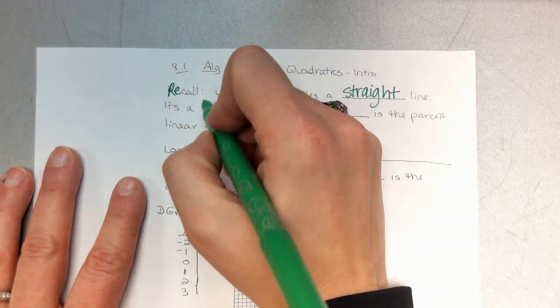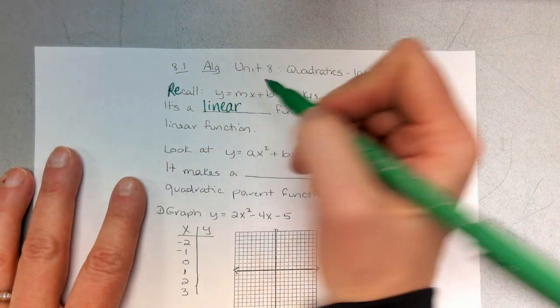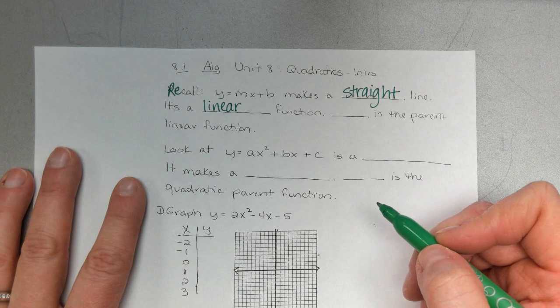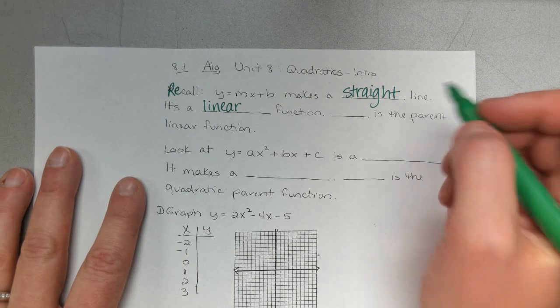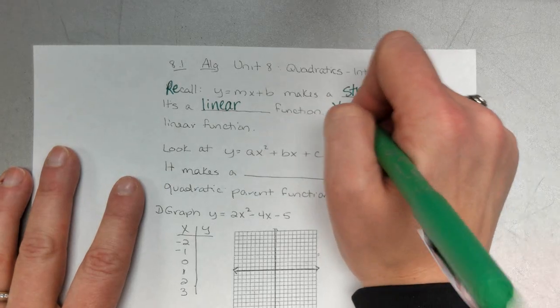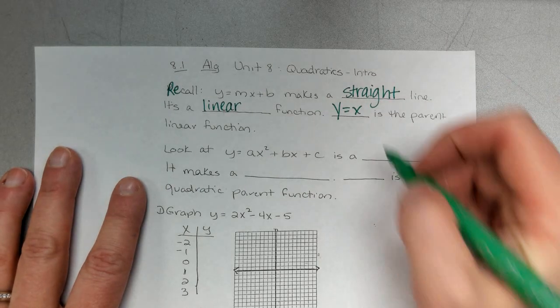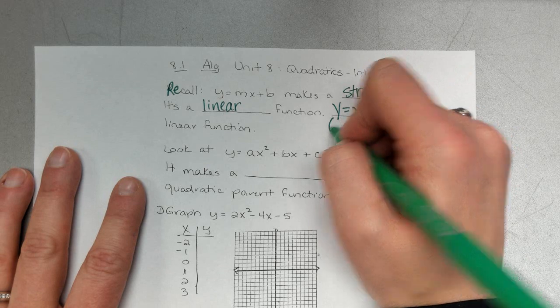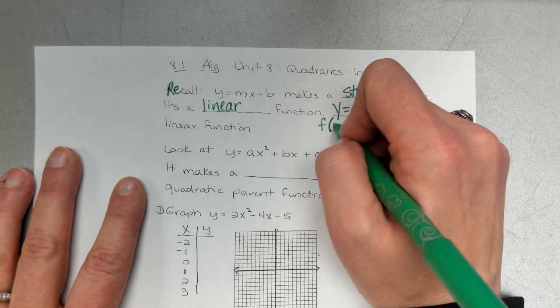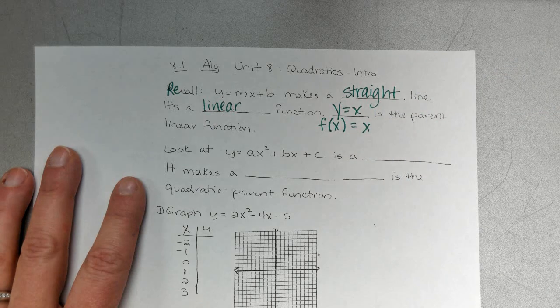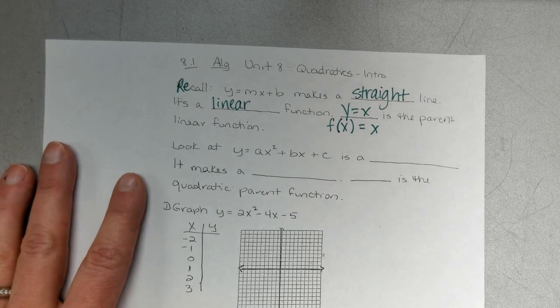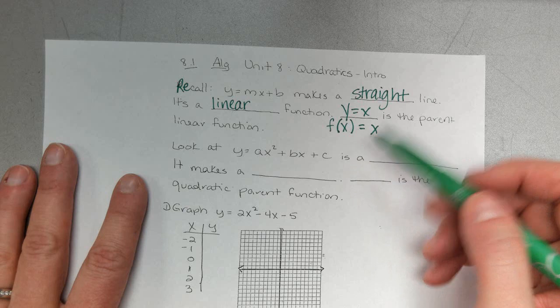It's also a linear function because it makes a straight line. If we remember parent functions, y equals x is the parent function. And if we go real far back in time, we might remember that sometimes y is also written as f of x equals x. Okay, those are the same things.